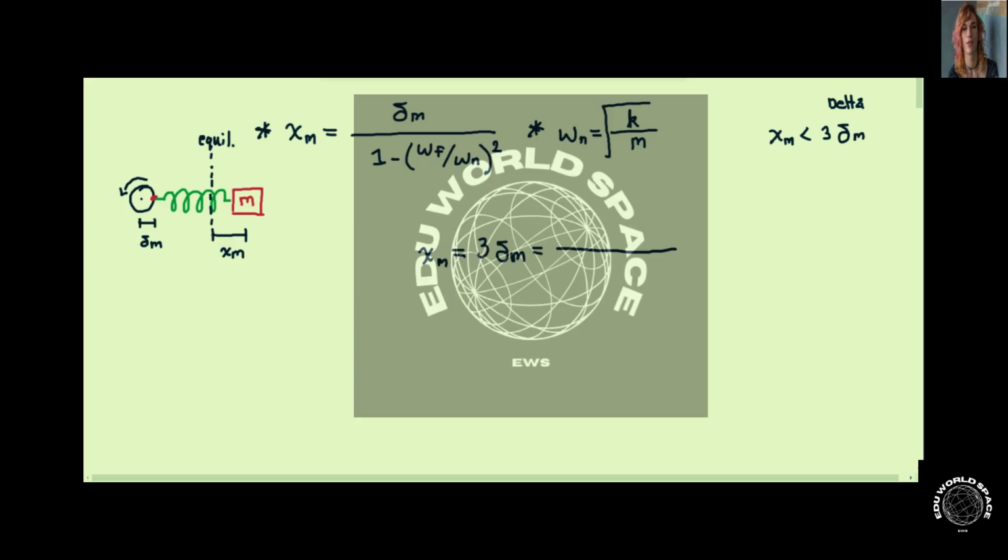And we could equate this, since xm is equal to 3 delta m, to the equation 1 minus omega f over omega n, squared, in the denominator. Okay, now we just focus on this equation over here.